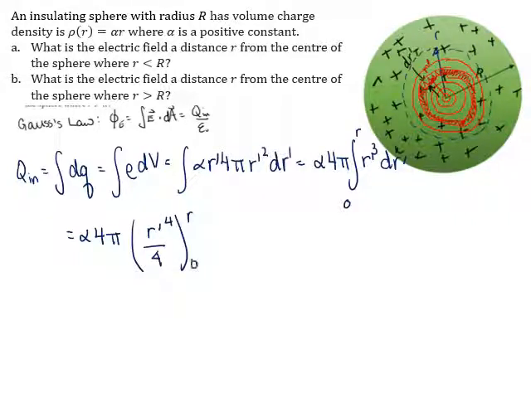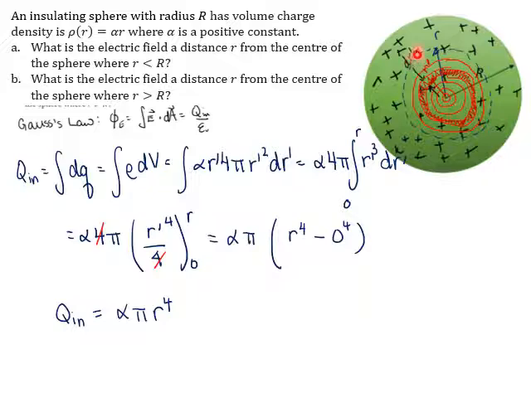That's going to be evaluated at our limits. We see that we've got a 4 on top and a 4 on bottom, so we can divide through by 4. And that gives us alpha times pi. Put in our limits, so we've got r to the 4, subtract 0 to the 4, leaves us with our net result that the net charge enclosed by our Gaussian surface is alpha times pi times r to the 4.